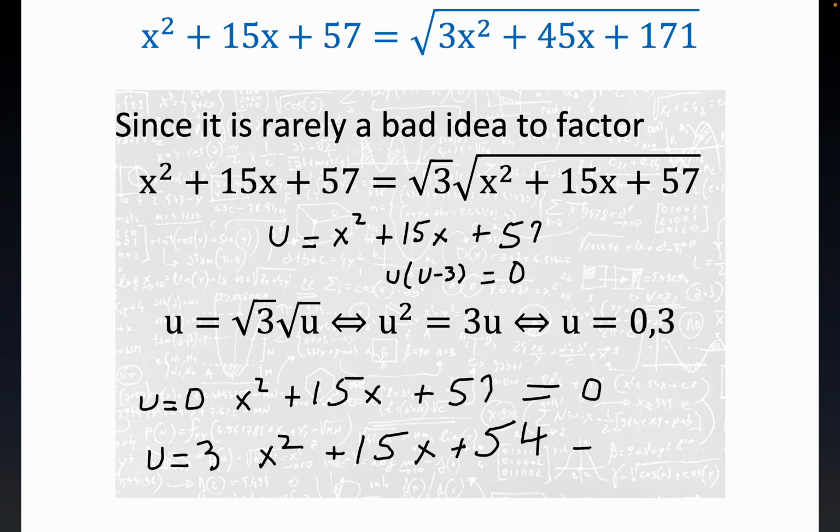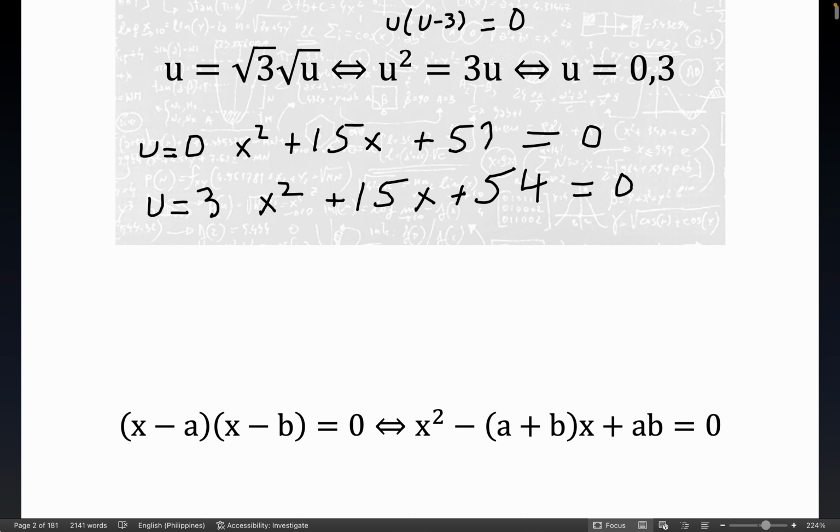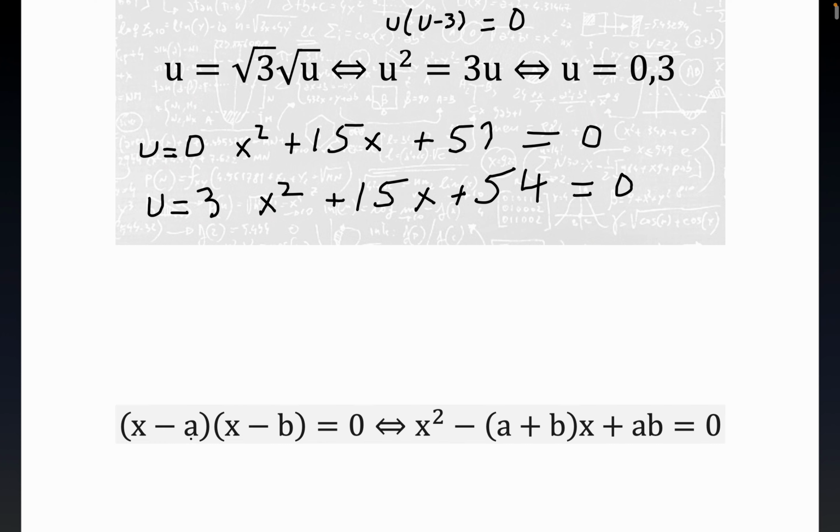So as you might have anticipated, there are going to be 4 solutions: 2 solutions to this and 2 solutions to this. But we have a nice resource at our disposal here. If you have any quadratic expression with known roots a and b, then when you expand it out, the negative of the sum of those roots is going to be the coefficient of x.